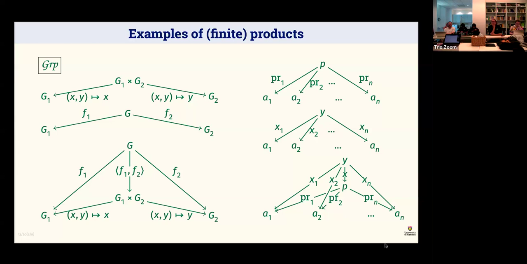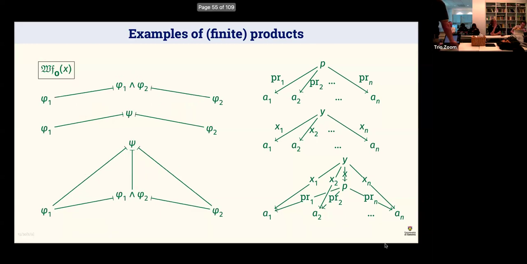For groups, it's just the observation that on the product of the underlying sets of the two groups, there is a canonical structure of a group which works precisely to satisfy the condition for binary product.